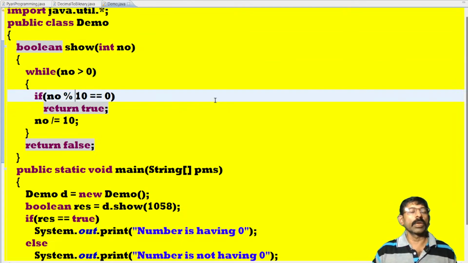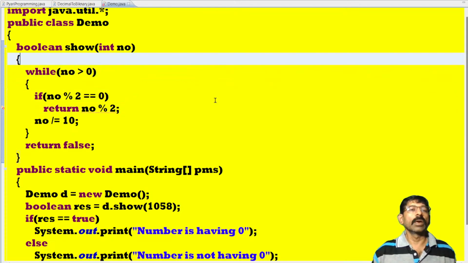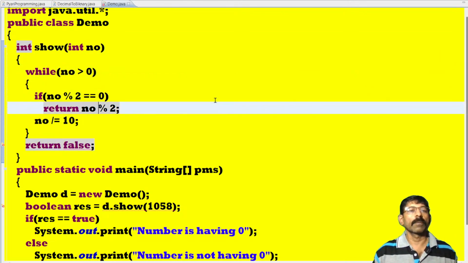So here I'm saying if number modulo 2 equals 0, even, then return no modulo 2. So here no modulo 2 is not of type Boolean, so that's why it is generating an error. In that case, if I say int, it will not generate an error over here, but here it will generate an error.